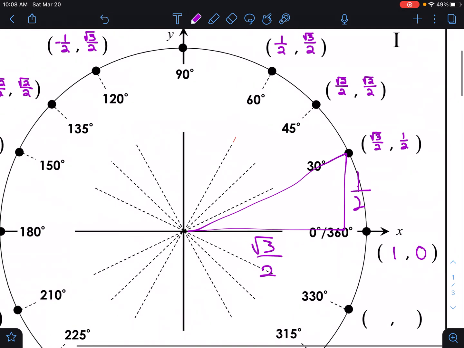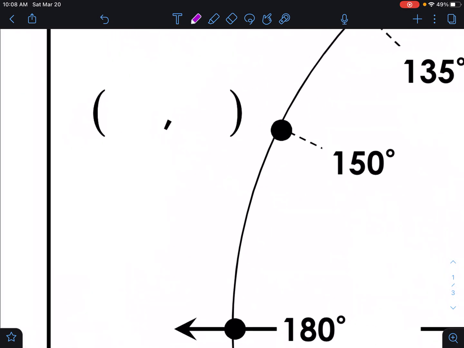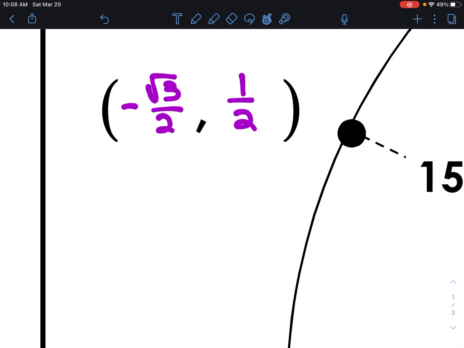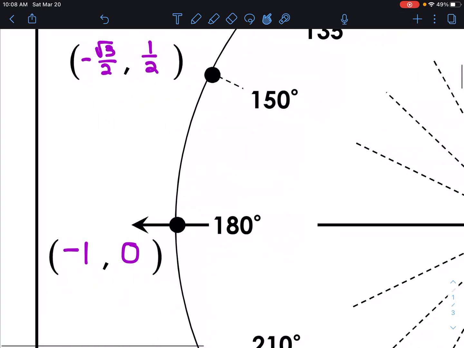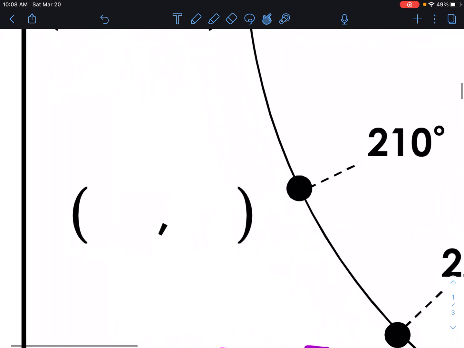Okay, so now I want to do that same thing for 150, except I want to make x negative. Okay, and then we're going to do 210, where they'll both be negative.